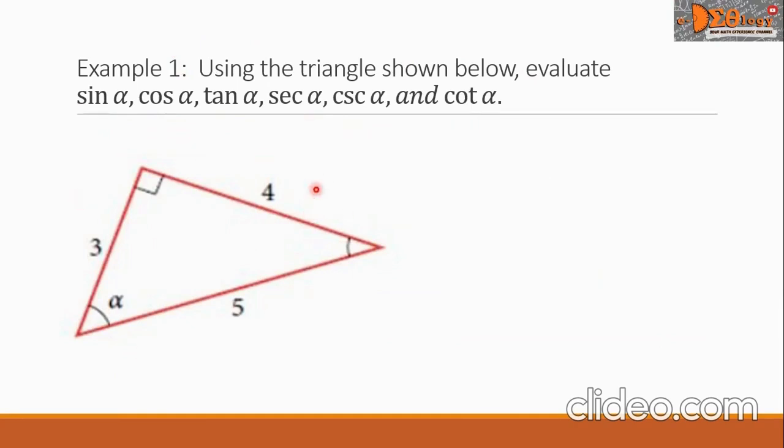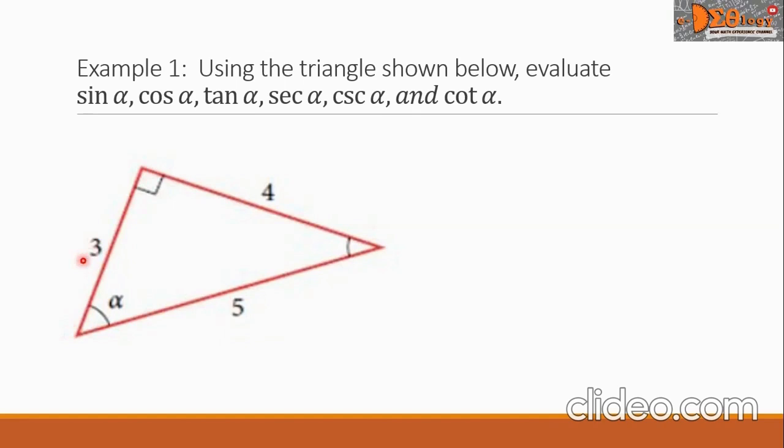In this triangle, the angle alpha is here. So the opposite side is here with the length 4. This is our right angle, and opposite to that is the hypotenuse with length 5. And the side here is the adjacent side with length 3.